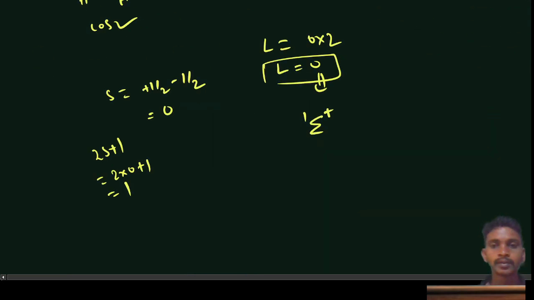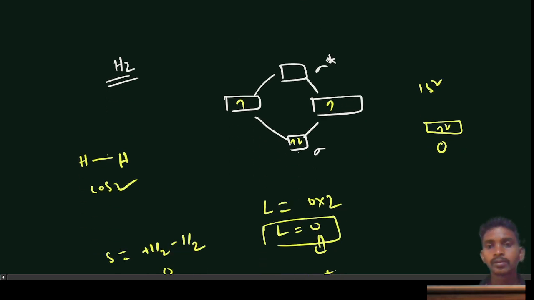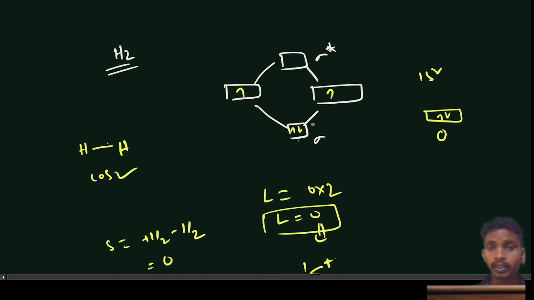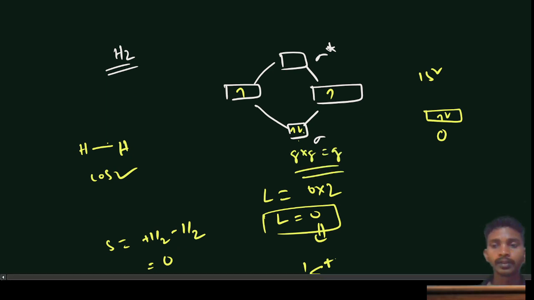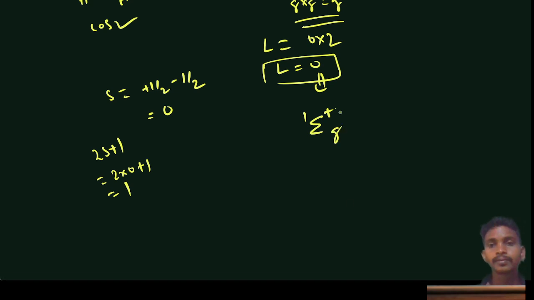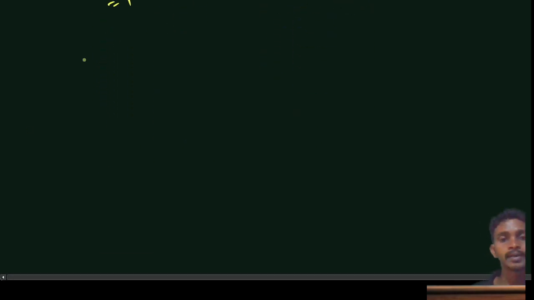So here it is always positive, and for zeroed or unzeroed, how will you look? In both cases sigma means G, and these two electrons, G into G, is again G. So this is also zeroed. So these are the term symbols.